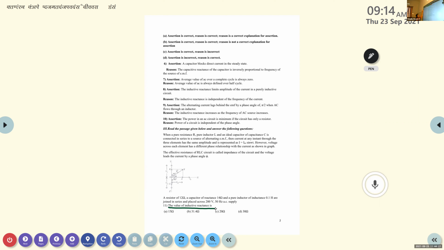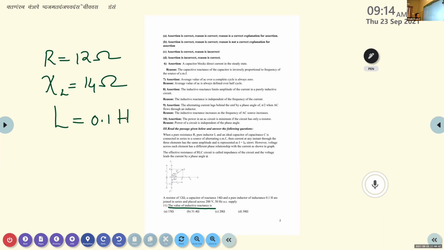Here a resistor of resistance R is equal to 12 ohm, capacitor of capacitive reactance XC is equal to 14 ohm, and the inductor of inductance, it is not inductive reactance, inductance L is equal to 0.1 Henry.